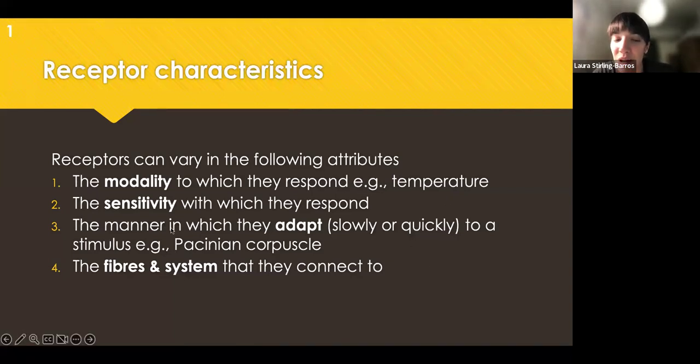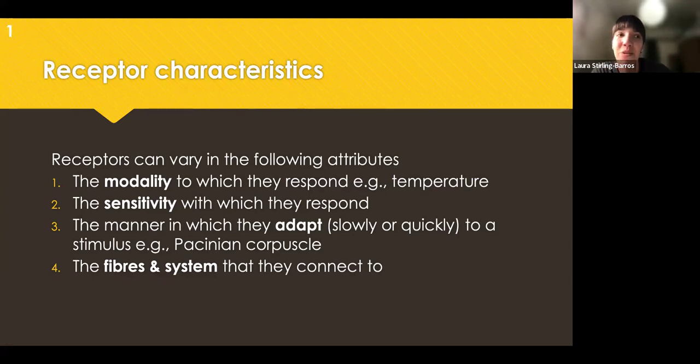So, for example, in the Pacinian corpuscle, this is quite a small detail and you don't need to know it for part A, but if you wanted to write an essay, it has almost like a balloon. When you sit down on a balloon, you first have a stimulus, but then if the balloon stays the same size, it is not going to have any more stimulus.